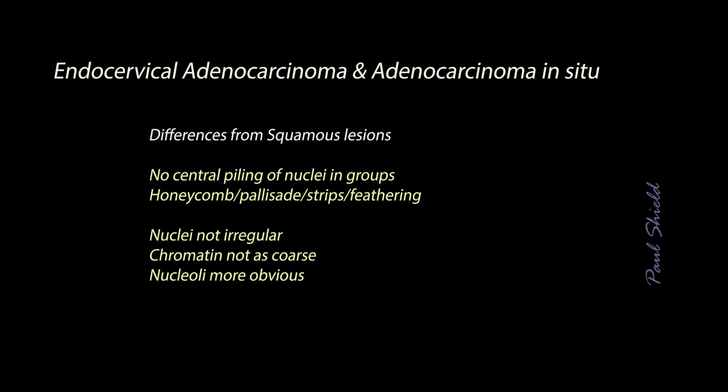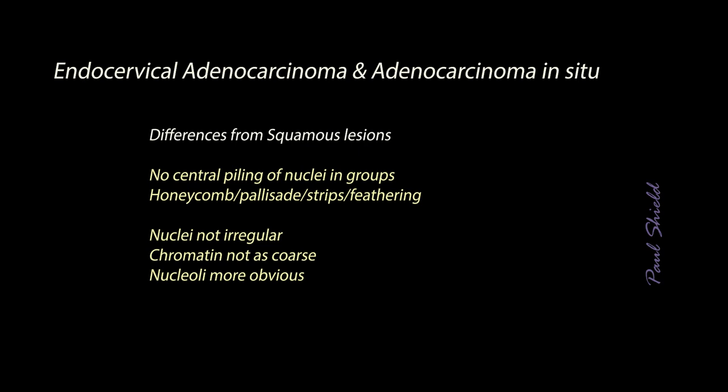So do the cell groups have no central piling? That's typical of crowded hyperchromatic groups seen in high-grade SIL, really. And does it have other features of glandular architecture? So maybe a hint of a honeycomb, palisading, pseudostratified strips, maybe a bit of feathering of elongate cells out from the groups.